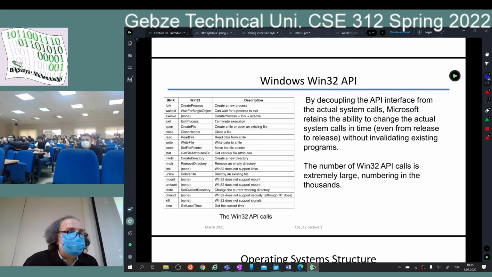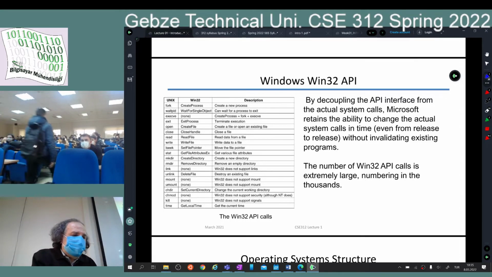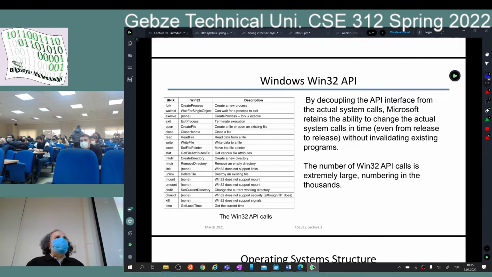Sometimes we use it interchangeably, but procedure calls are different from system calls. Sometimes you will say to the operating system, do this for me, and the operating system does that in the libraries, without going to the kernel mode, and returns the results back to you. That would be the most efficient.